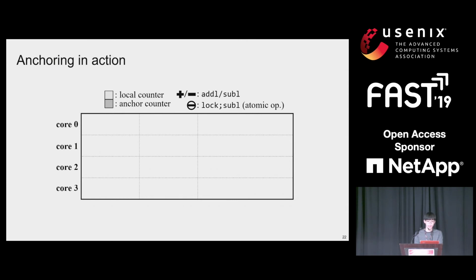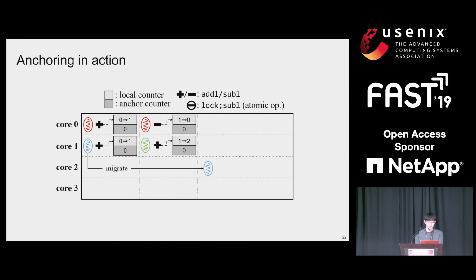Next, we explain how the anchor counter is used. Suppose we have two different threads. The first one is the red one, and the other one is the blue one. When red and blue access the local reference counter, they increment the counter using non-atomic instructions. Once the blue thread increments the local reference counter using a non-atomic instruction, it is migrated to core 2.